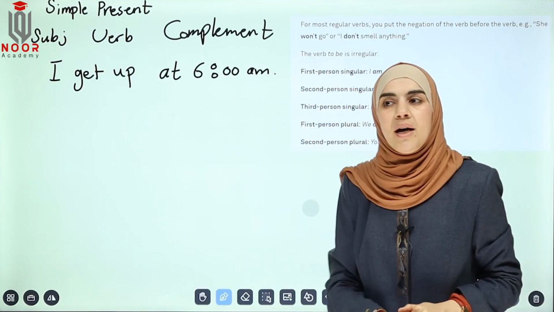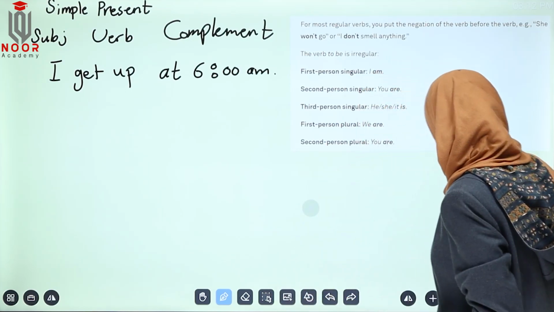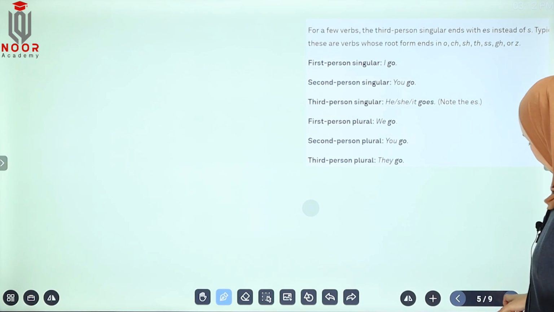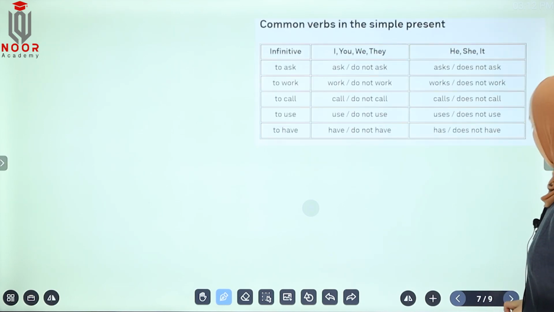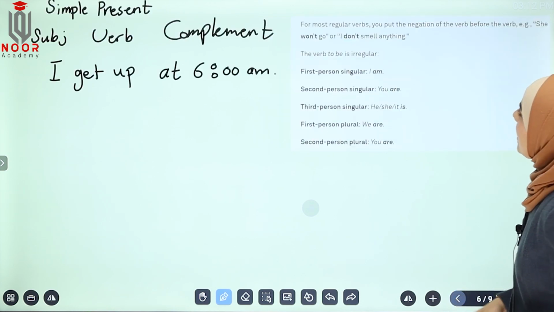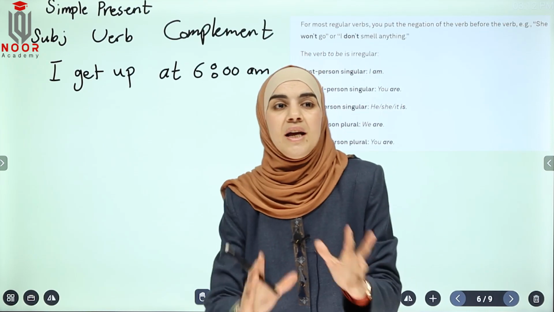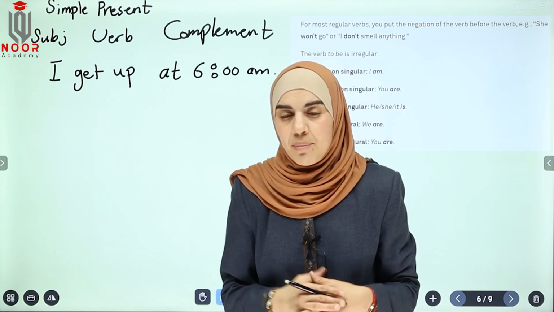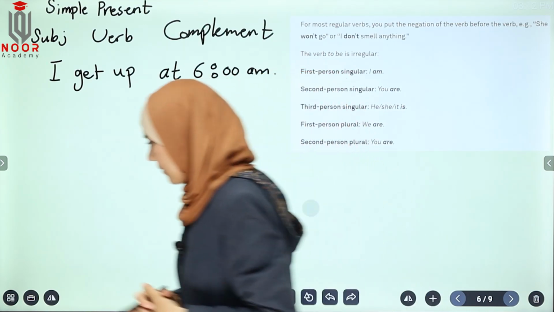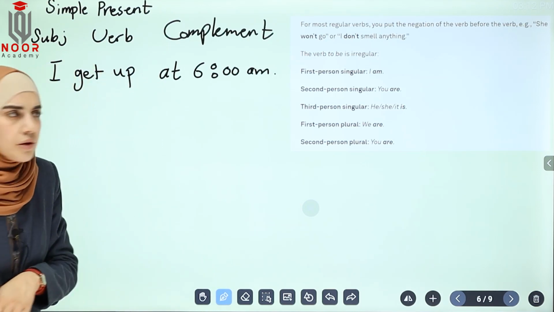And as we agreed, verbs ending in ch or sh must take es. So here we don't have to add s or es.